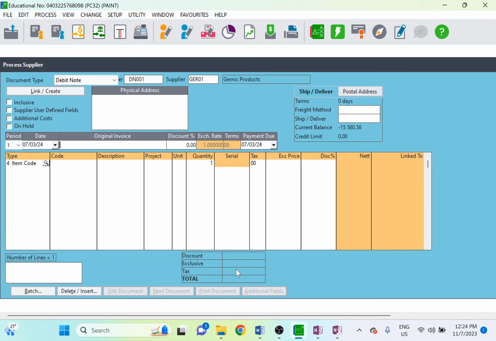Now the original invoice number is GER016, or you can also use SI001. Either one of the two is correct. Now the discount given to us was 5%. Payment due has to be the same day.